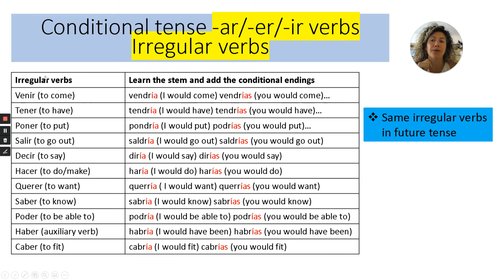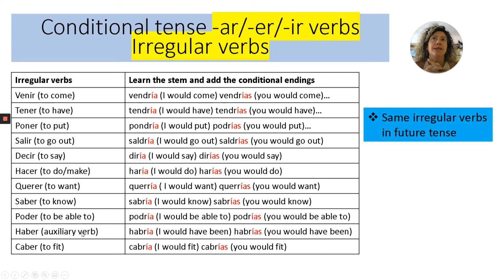So the irregular verbs, and I'm going to go through them, are venir, to come, tener, to have, poner, to put, salir, to go out, decir, to say, hacer, to do or to make, querer, to want, saber, to know, poder, to be able to, haber, which is an auxiliary verb.